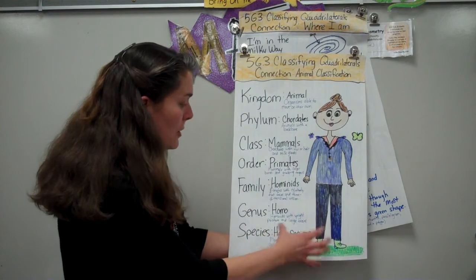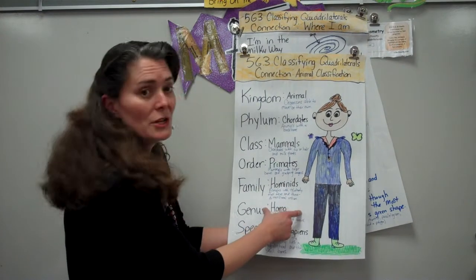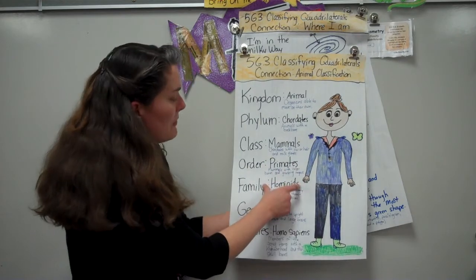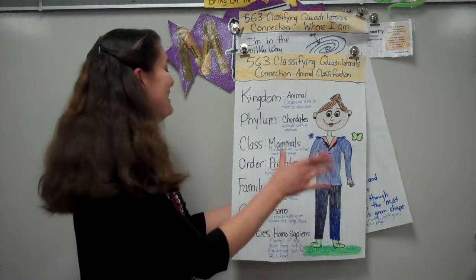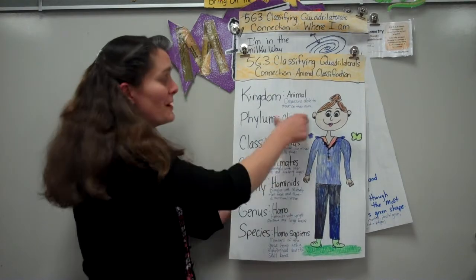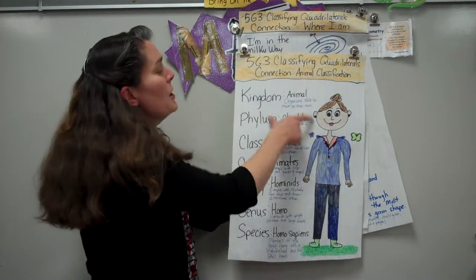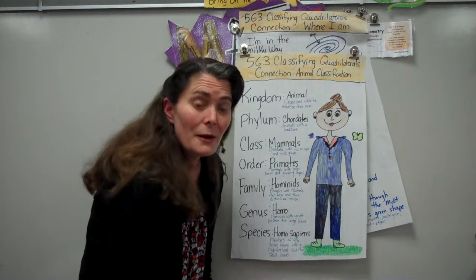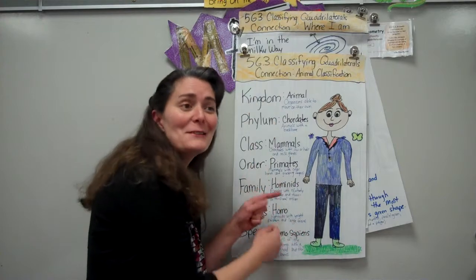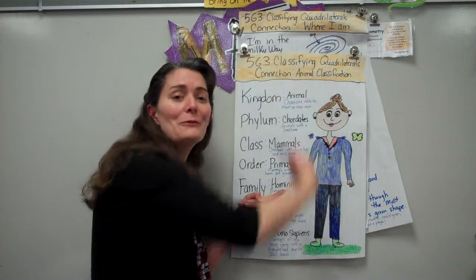Because if you are a Homo sapien, you are also in the genus Homo. If you are in the genus Homo, you're also in the family Hominids. And if you are in the Hominids, you are also a primate, which is also a mammal, which is also in the Chordata phylum, which is also in the animal kingdom.